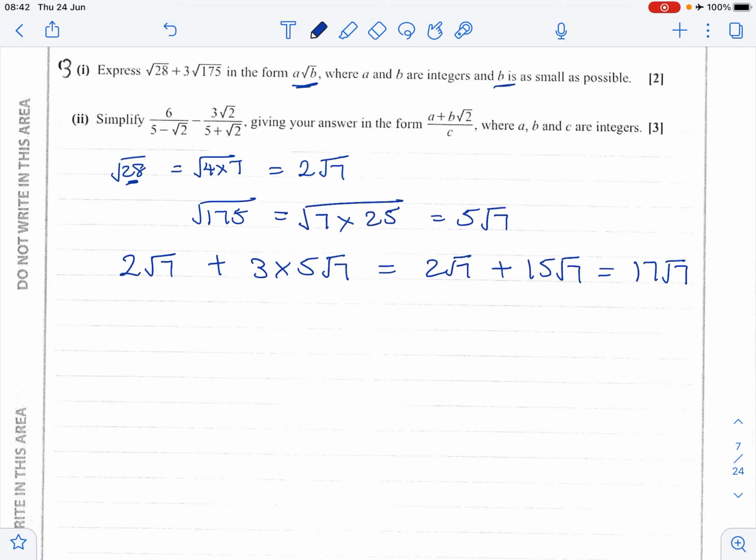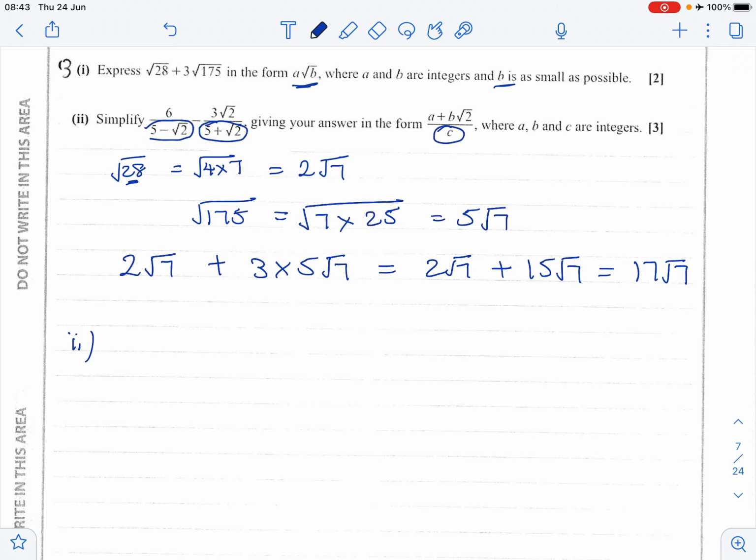Part 2, we want to simplify this expression and give it in the form a plus b root c, where c is an integer. In other words, this question is asking you to rationalize the denominator. As we can see here, we have a difference of 2 square numbers.